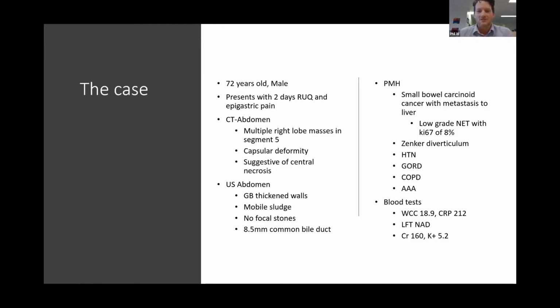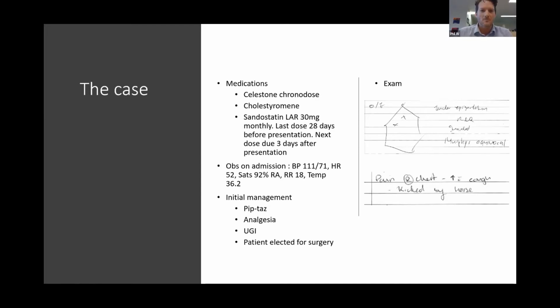The blood tests showed some raised inflammatory markers. The liver function was normal, and there was some chronic kidney disease. The patient was on only a few medications. He's otherwise quite well.